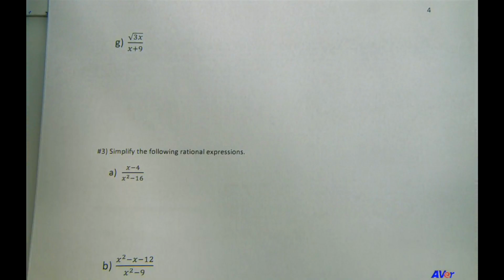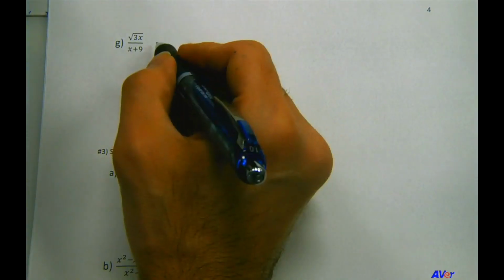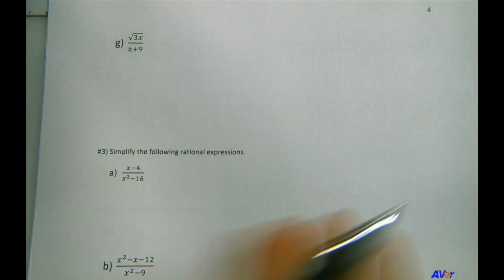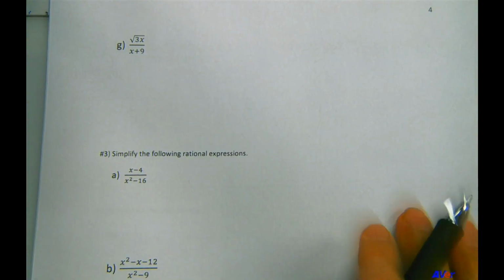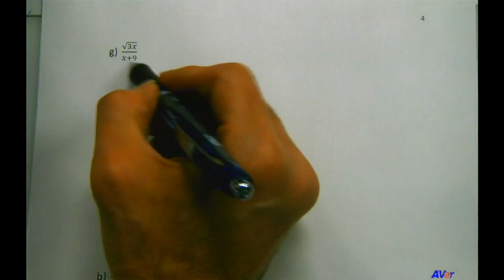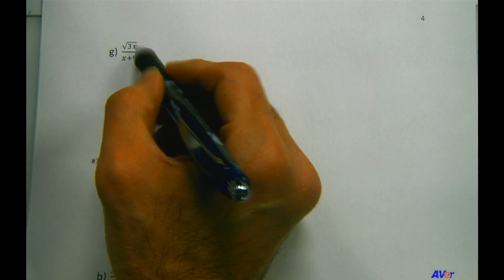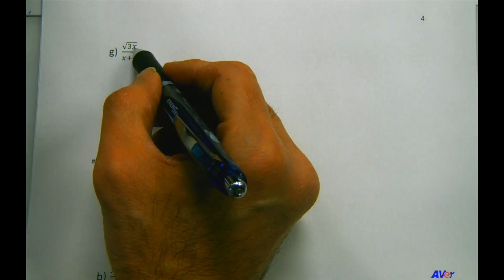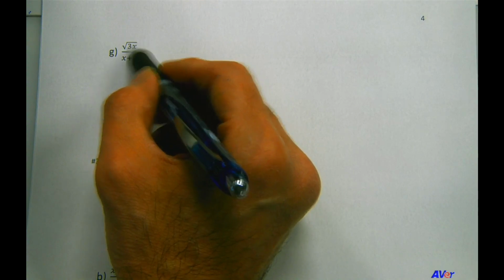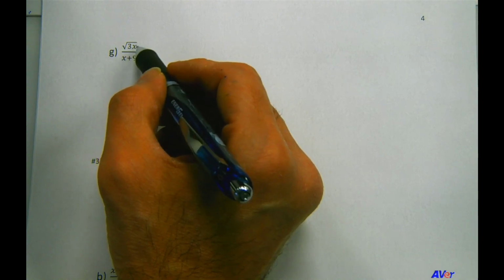Okay, so here, the domain, this is an interesting problem too, and I hope you've done your work and you're back to the video to compare your solution with mine. This is an interesting one because you have a fraction. In the numerator, you have a radical expression, which inside of that cannot be negative.